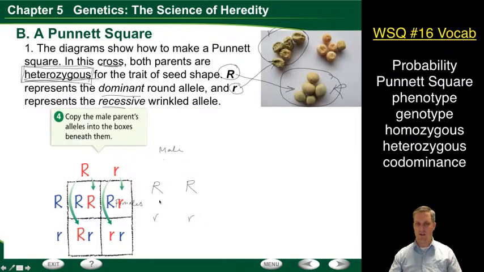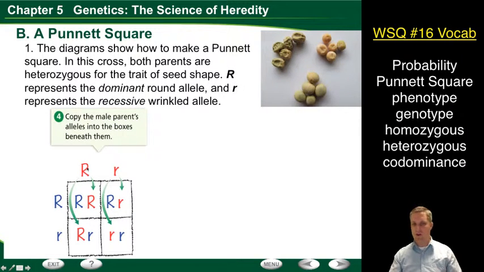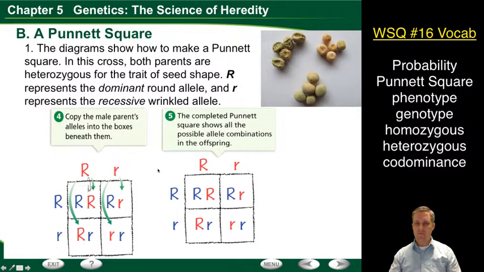Let me erase my, there we go. So I have the big R coming from this one and the big R coming from here. You'll see the same pattern. And then the little r going into this box and the little r going into this box. You're just tracking it down and across. And that gives us the completed Punnett square.